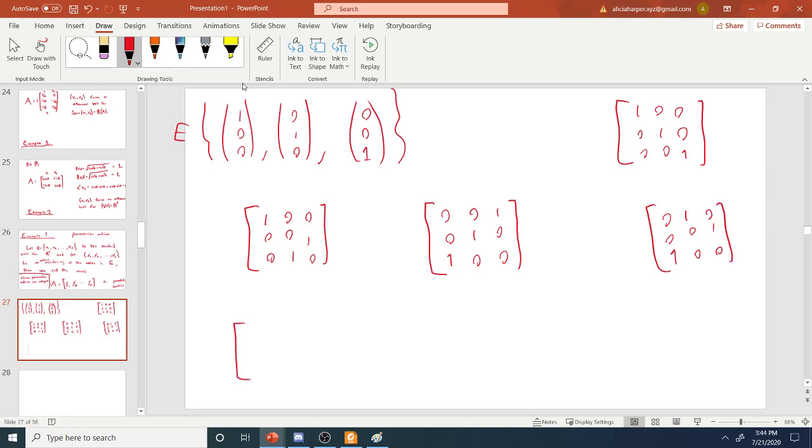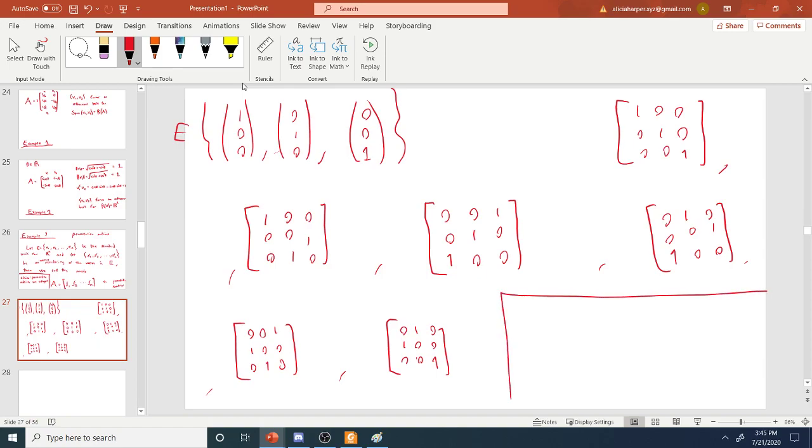Or the matrix 0, 1, 0, 0, 0, 1, 1, 0, 0. Or the matrix 0, 1, 0, 1, 0, 0, 0, 0, 1. So I found 6 possibilities, and you can check that this exhausts all possible ways to reorder the set.